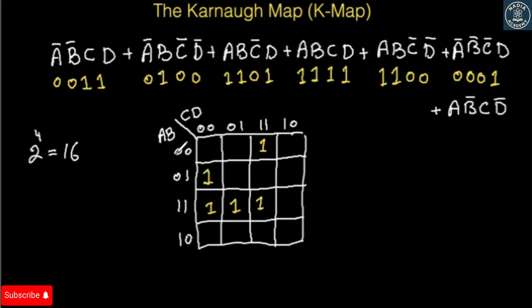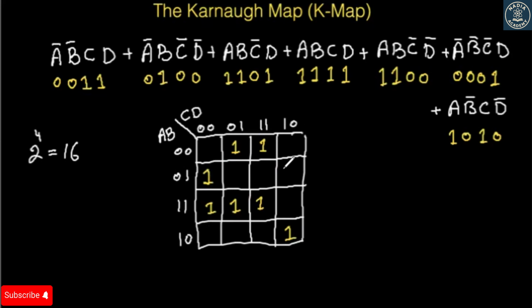So 0, 0, 0, 1. So 1 will go over here. Then the last term, which is A is 1, B bar is 0, C is 1, and D bar is also 0. So 1, 0, 1, 0, we got 1 over here.